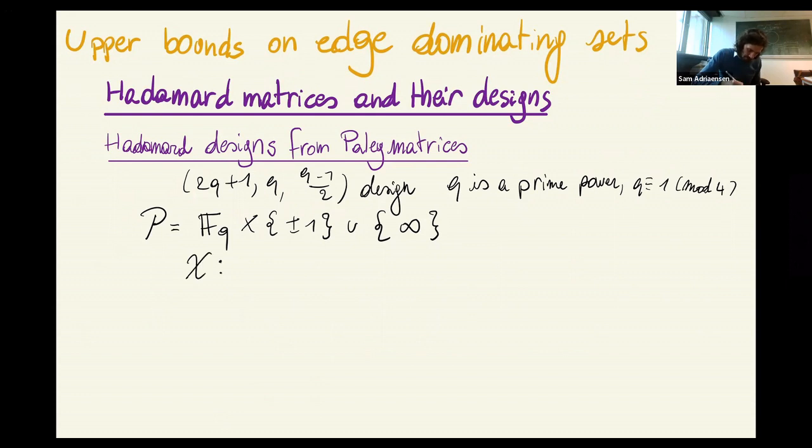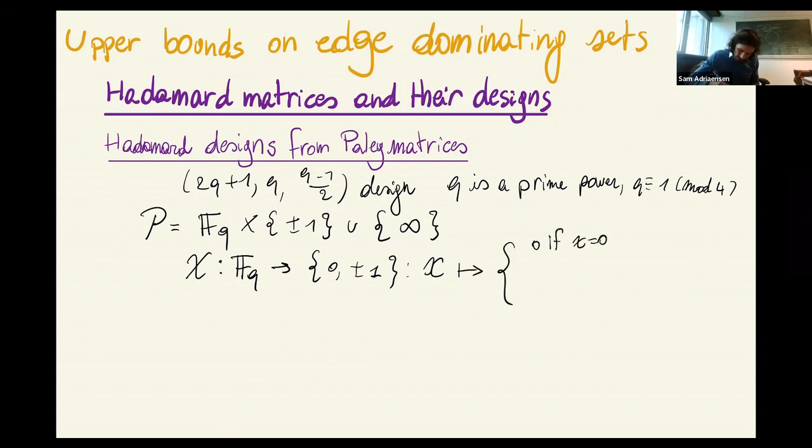So the quadratic character on your finite field F_Q maps any element to 0 or plus or minus 1. It maps some element x to 0 if x equals 0, to 1 if x is a non-zero square, and to minus 1 if x is not a square.